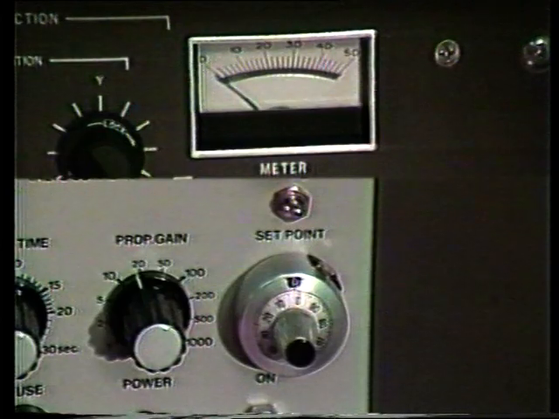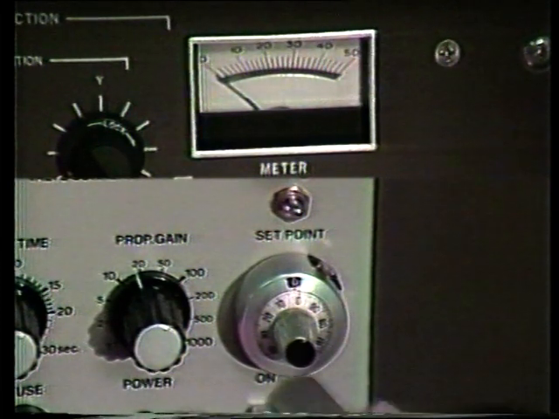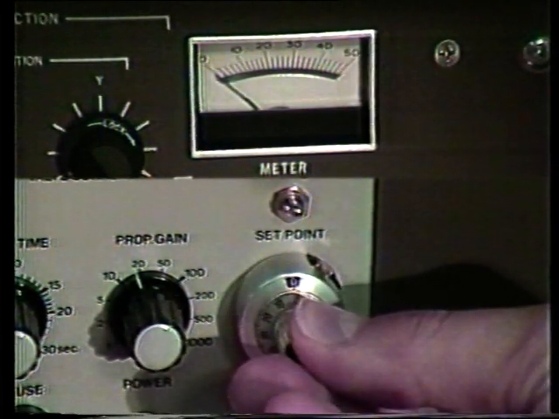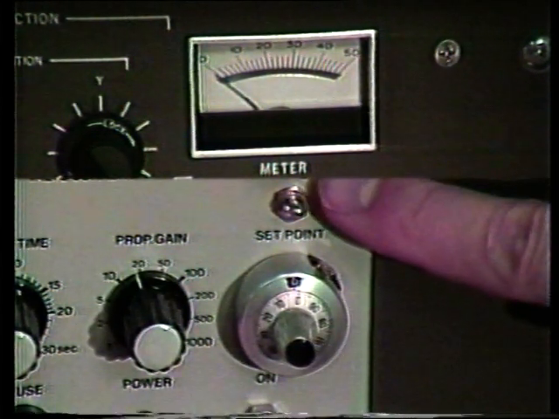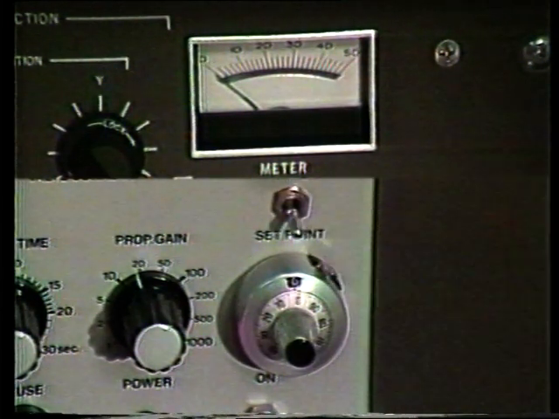We are now ready to set the pressure in the ion gun using the thermal valve control. First, we need to make sure that the potentiometer is turned counterclockwise to 0. We can then toggle the switch to the set point position.